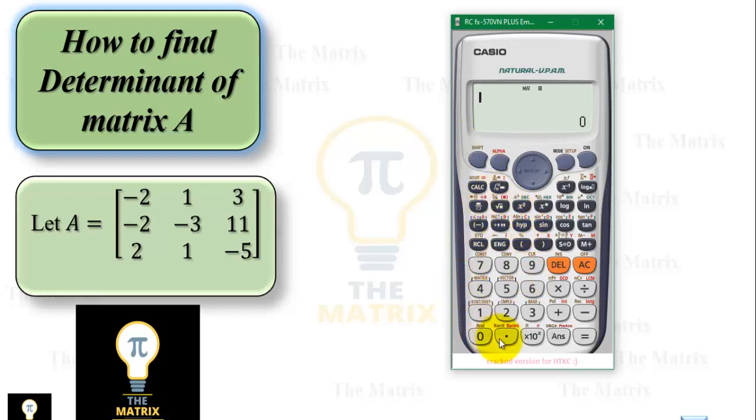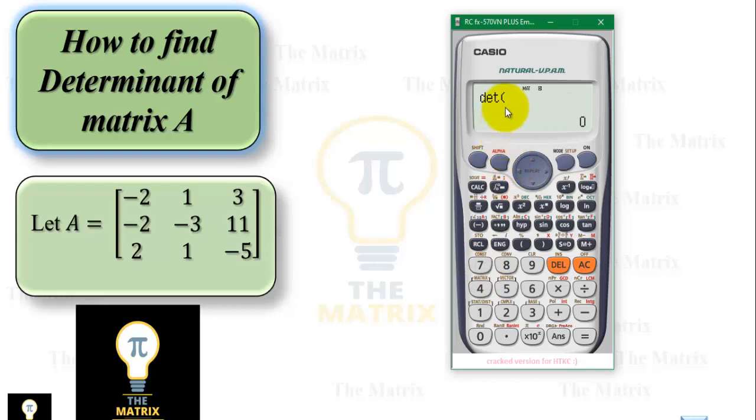So we use shift and 4 to see the different operations on matrices. Dimension, data, Mat A, Mat B, Mat C, answer of the previous operation, then determinant and transpose. Here the 7th number is for determinant, so we go for 7.